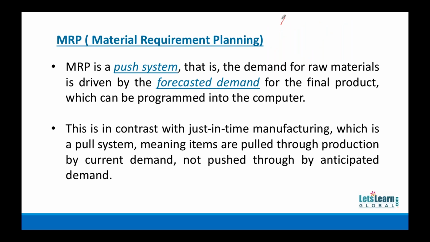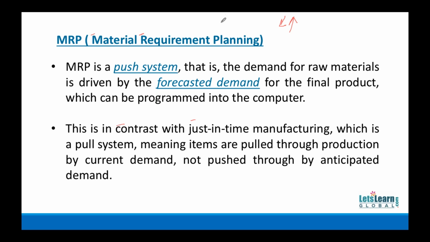So not to have any shortage and not to have any surplus, we need to know the proper material requirement. You buy only in proper proportions, in contrast to just in time.